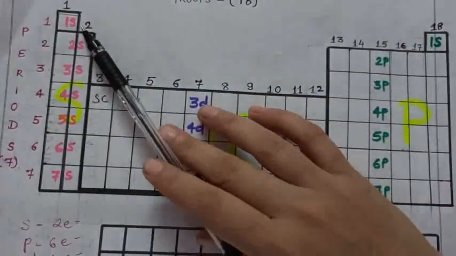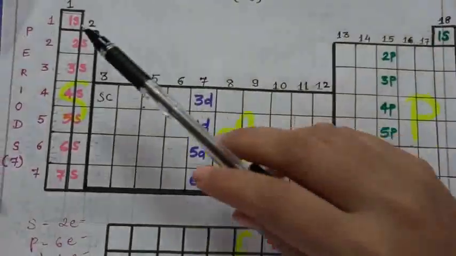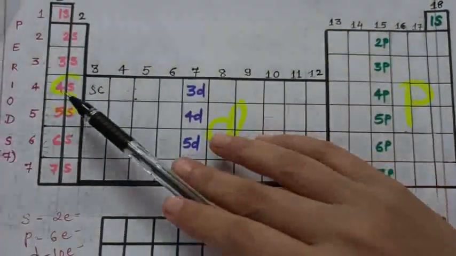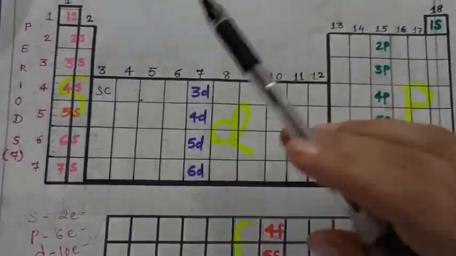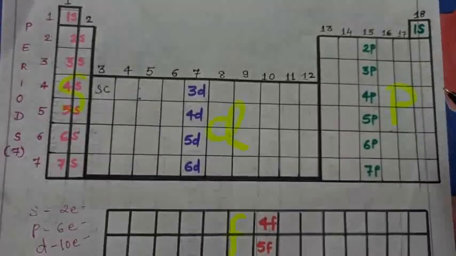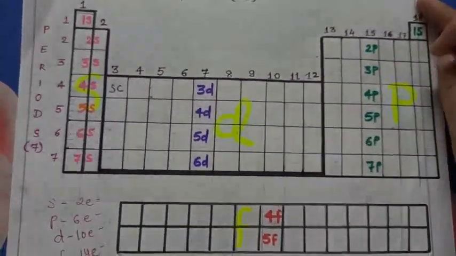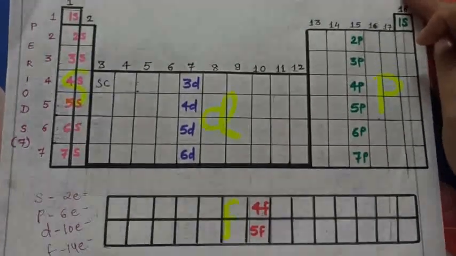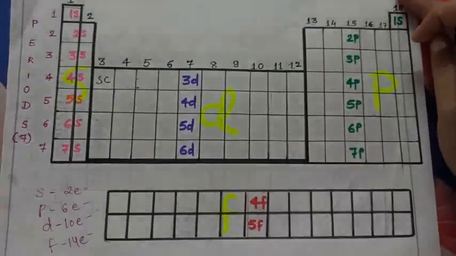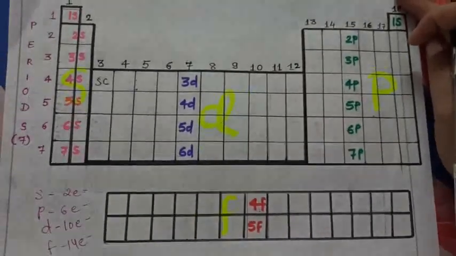After 1s comes 2s, then 2p, 3s, 3p, then 4s, then 3d, then 4p. If you verify the sequence of filling of these orbitals, it matches the Aufbau principle. I hope this diagram is very clear to everybody, and if you understand it properly, you will be capable of understanding and locating an element in the modern periodic table.